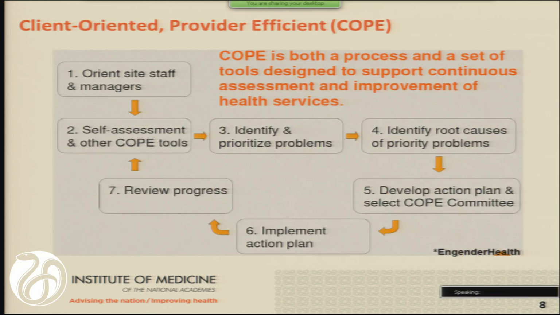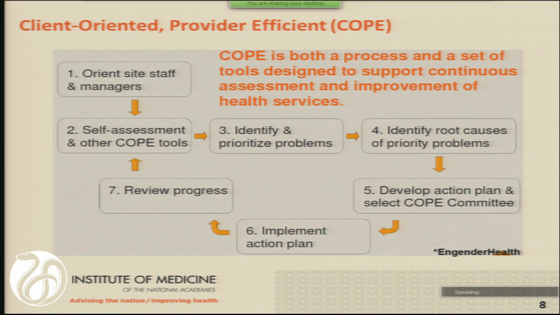The third is a method that's been conceived by EngenderHealth called COPE, Client-Oriented, Provider-Efficient. And in this approach, as you can see from the figure, there's a combination of tools and processes that follow a particular sequence, starting with an orientation, followed by a self-assessment.